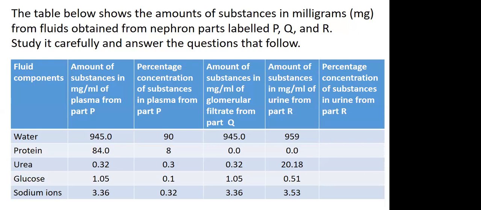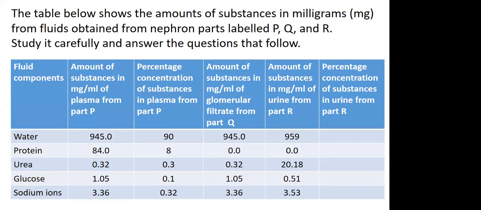We can also see the density of proteins, the density of urea, glucose, and sodium ions. Then percentage concentration of the same substances from the part labeled P, okay?